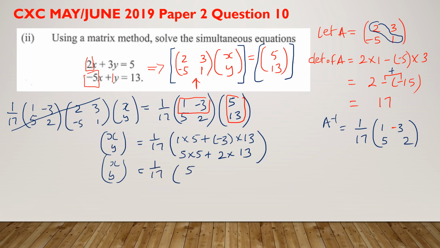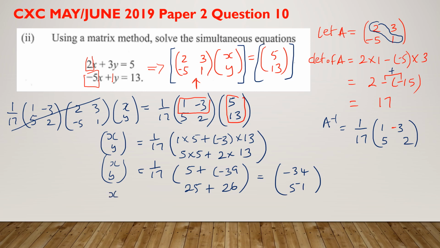That's going to give us 5 plus -39. That is 25 plus 26. So we're going to get -34 and 51.